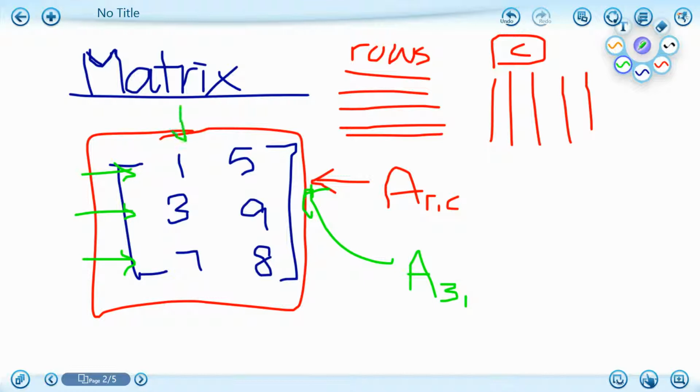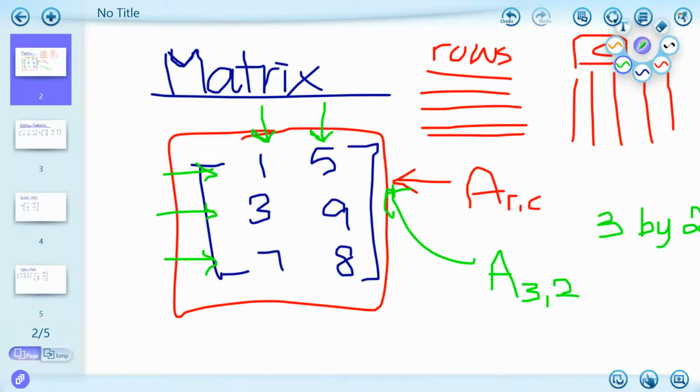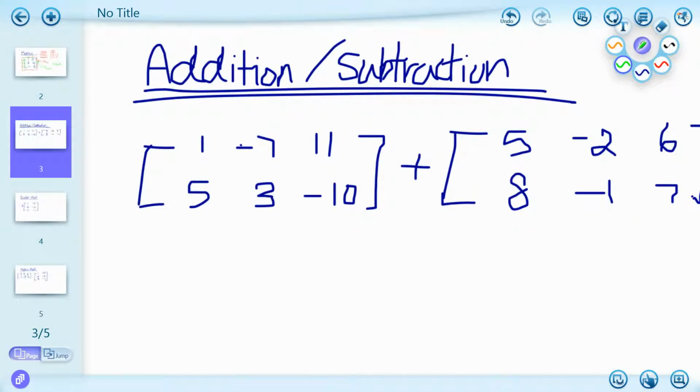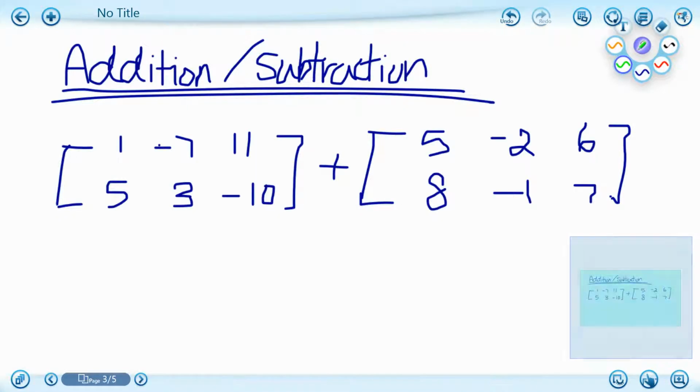My columns would be 1 and 2, so I would write this A3,2, or I can call this a 3 by 2 matrix. So that's just the vocabulary and notation for our matrices.